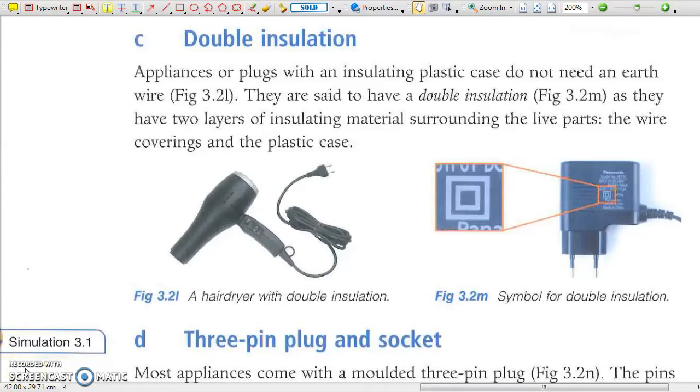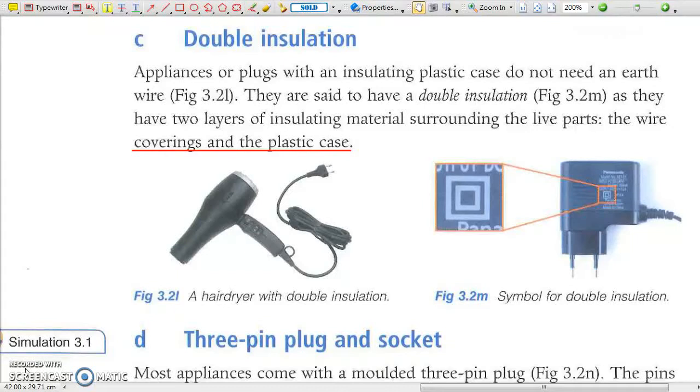C. Double insulation. Appliances with an insulating case do not need an earth connection. Since the live wire has an insulating plastic covering and the appliance has an insulating case, this is called double insulation.